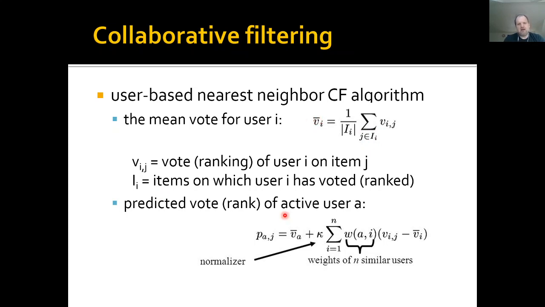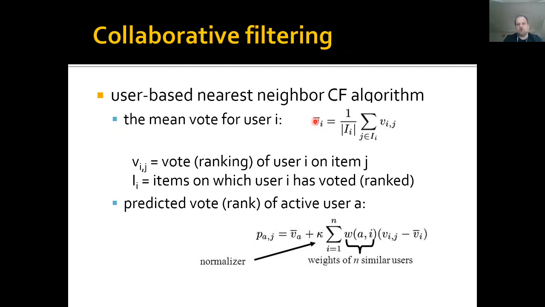Then if we want to predict the score for item J for active user A, we compute it starting from the average vote for A, computed like this. Why do we even compute the mean vote?